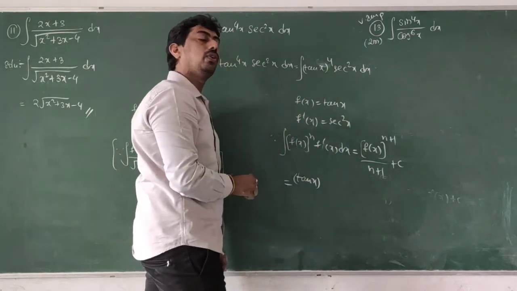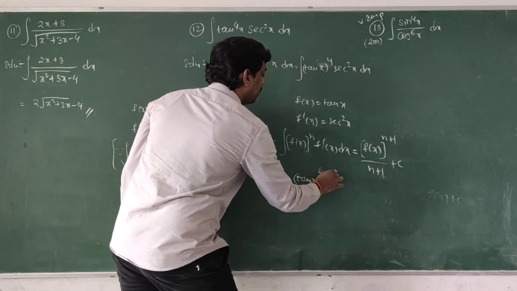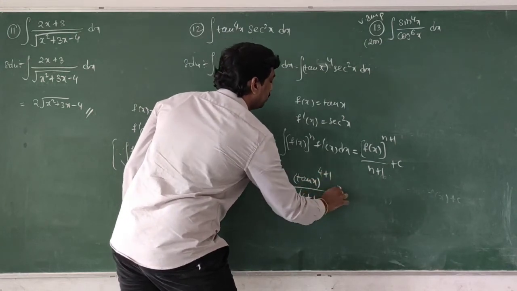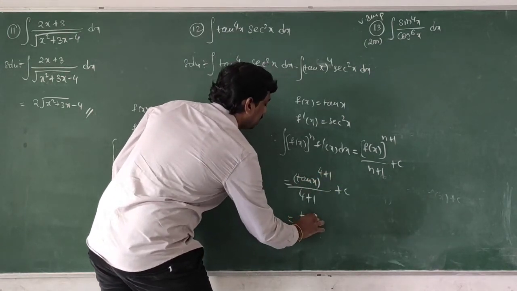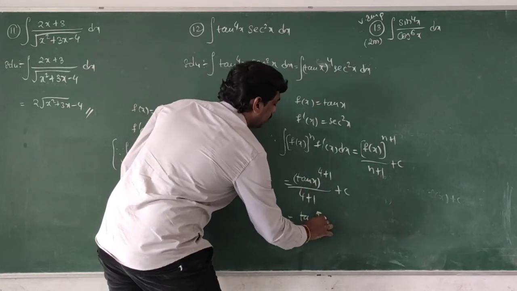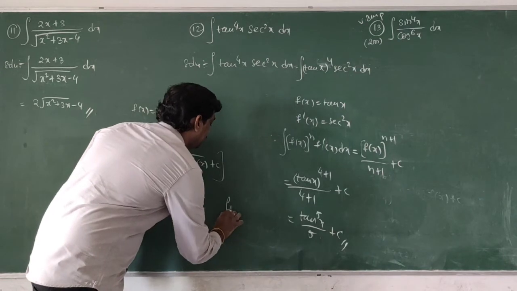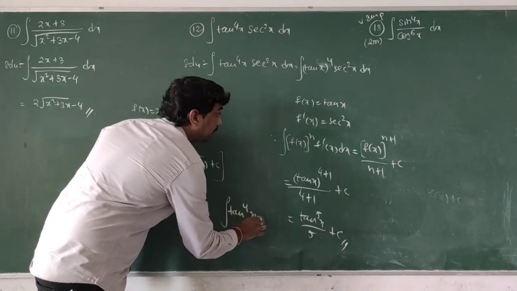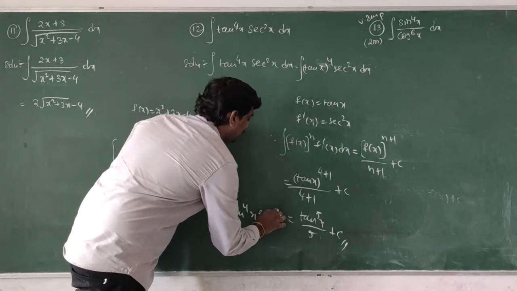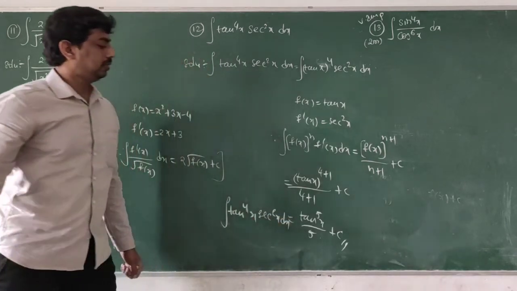What is n here? 4. So 4 plus 1 by 4 plus 1, that is tan power 5 x by 5 plus c, which is the integration of tan power 4 x into secant square x dx.